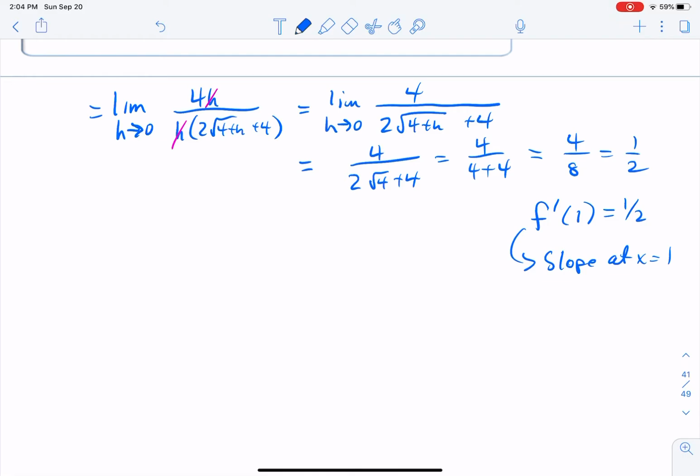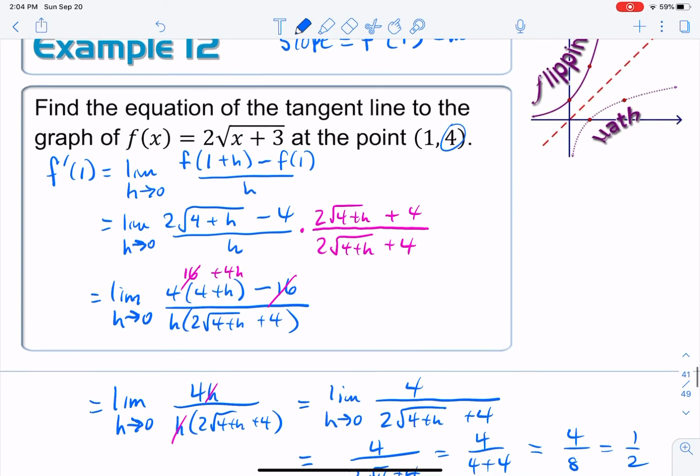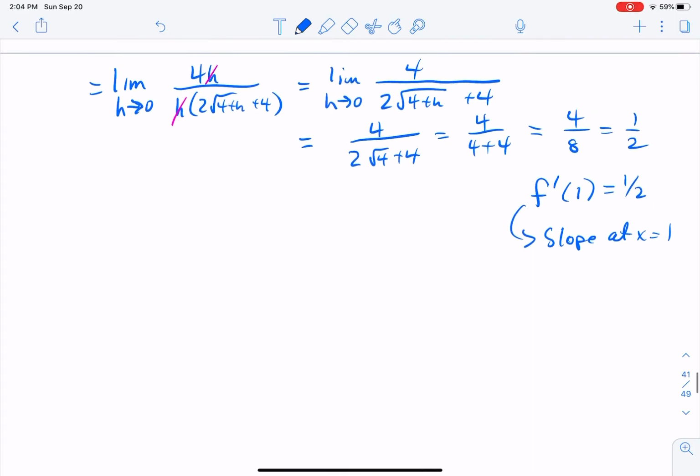Speaking of the tangent line, I do believe this question actually asks for the equation of said tangent line. We will write that as well. We need that point, which was (1, 4), and our slope value right over here as well. So y minus 4 is equal to our slope, 1/2, times x minus 1. Very nice.